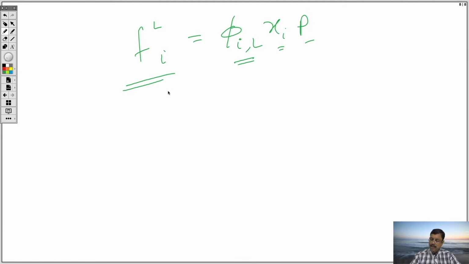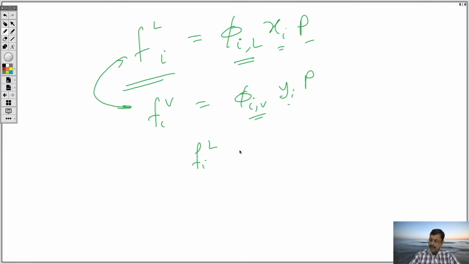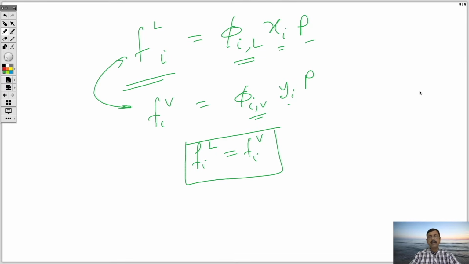Similarly, fugacity of component i in vapor phase is equal to phi_iV into y_i, that is the coefficient of component i in vapor phase, into pressure P. Now at equilibrium, these two are same. That means f_iL is equal to f_iV. If the fugacities in two phases are same, that means the equilibrium has been achieved.